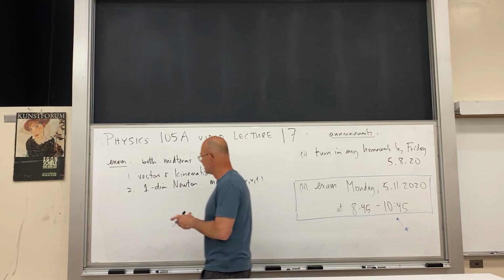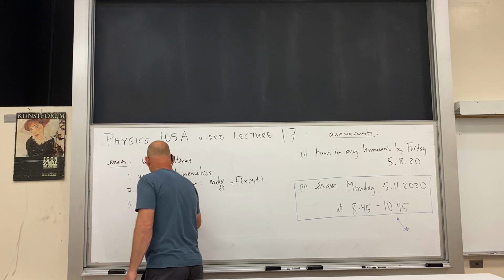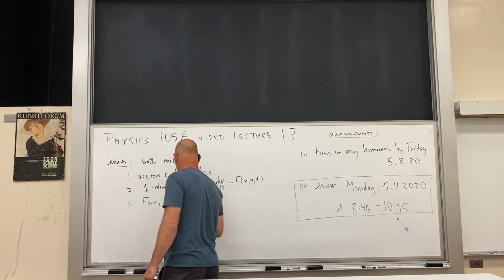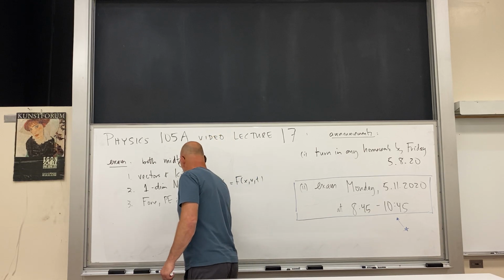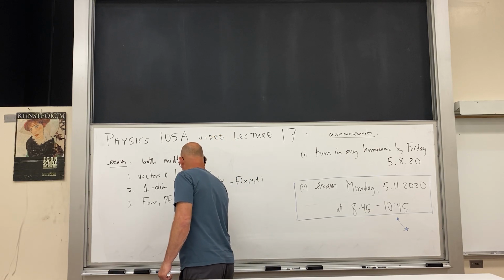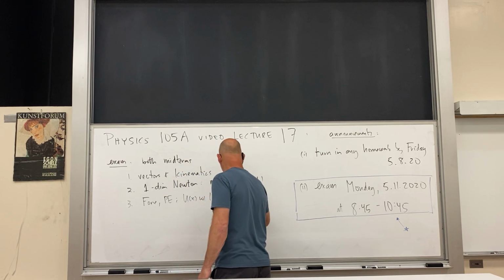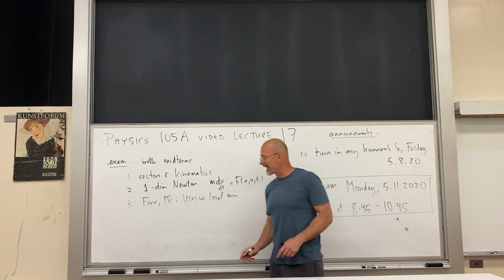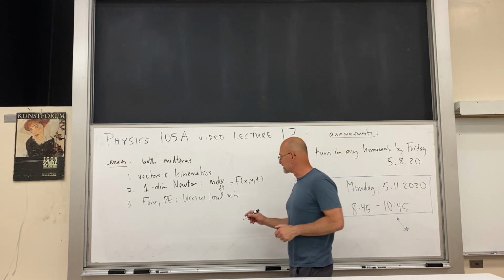After that, we're still in one dimension: force, potential energy, and potential energy with a local minimum, so U of x with a local min. Taylor expansion, local minimum, small oscillations.